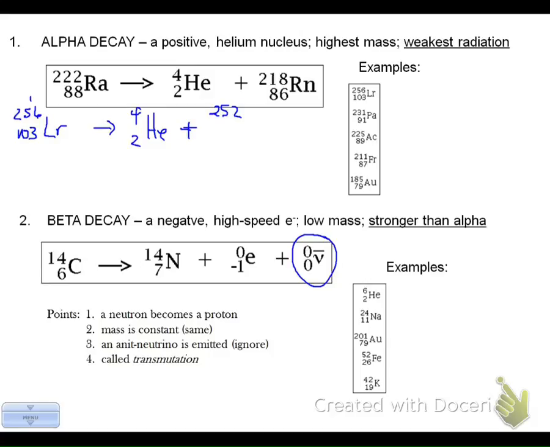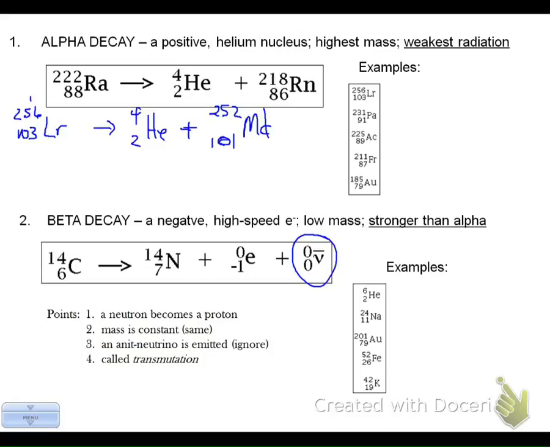Likewise, the bottom numbers, so whatever I put here needs to add up to equal 103. So 2 plus what equals 103, and that's going to be 101. The last piece of the puzzle then, what is the symbol for this element? We go into our periodic table. Element 101 is Mendelevium. And I get that from the periodic table, atomic number 101. So that is an alpha decay equation.